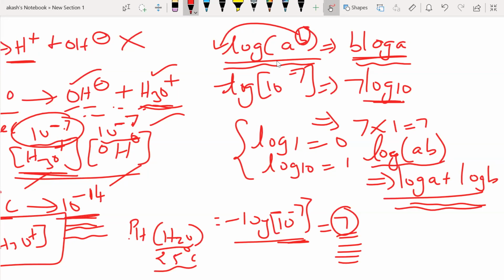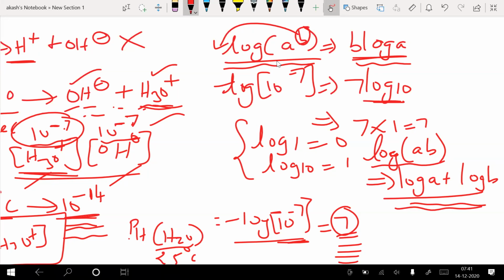That's it. If you remember this much, you can go for this chapter. Easy. The rest of the things are only formulas and concepts. Any questions, guys? Any questions till now? We just proved through mathematics and through experiments that water is neutral, and that's the base value. So pH of water at 25 degrees Celsius is 7.